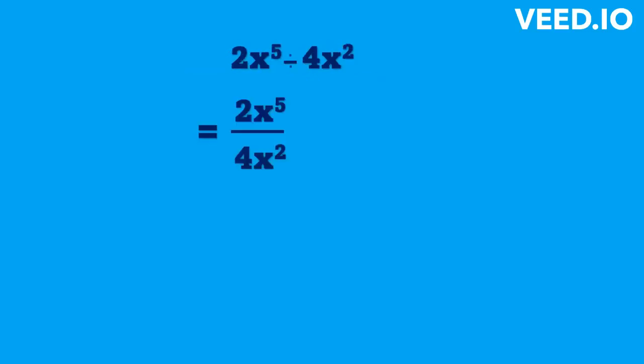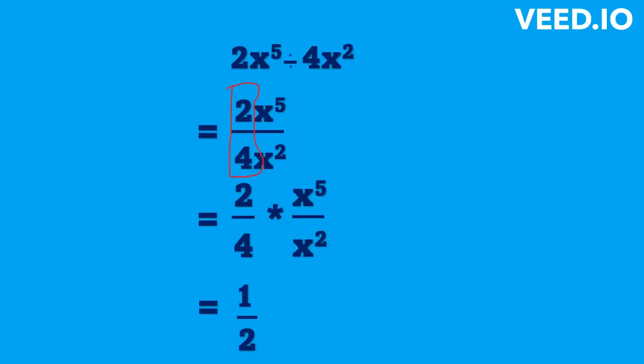Now we have another here, 2x power 5 divided by 4x squared. This is division. Let's group the constants together, 2 by 4. Let's group the variables together. So the constant 2 by 4 is 1 by 2, and we have x power 5 divided by x power 2.